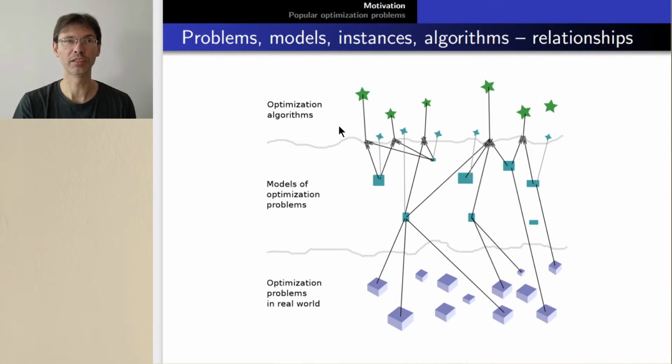We don't need to be concerned about the specifics of the real-world problem and even about the specifics of this model, mathematical model or formal model of the problem, even though if we want our algorithm to be very efficient, we should care about the specifics of the model. But so far, let's assume that we don't have to think about it. So we are actually only thinking about some abstract space of solutions.